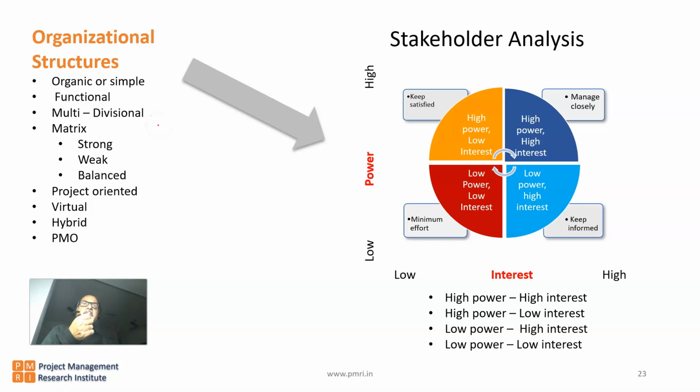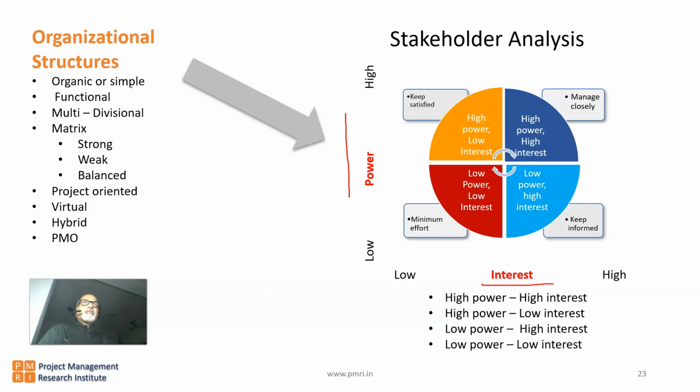Understanding the stakeholders and understanding their organization structures will help us to classify the stakeholders better based on the power and interest matrix. So in an organic or simple organization structure, most probably the head of that team can be the owner of the company as well.